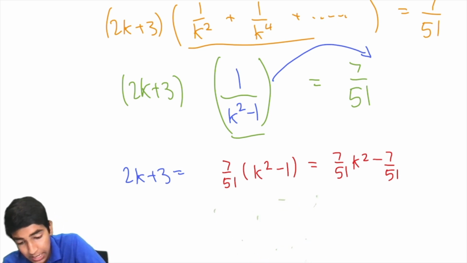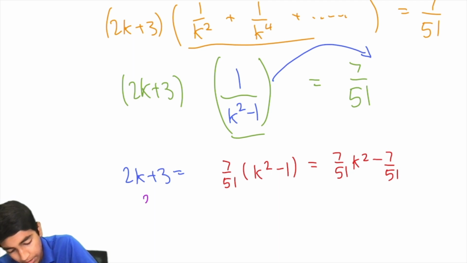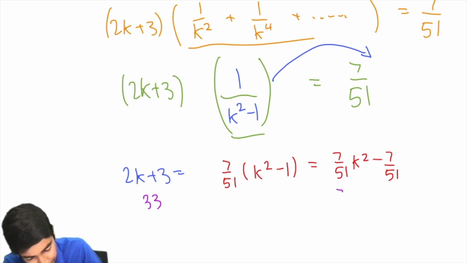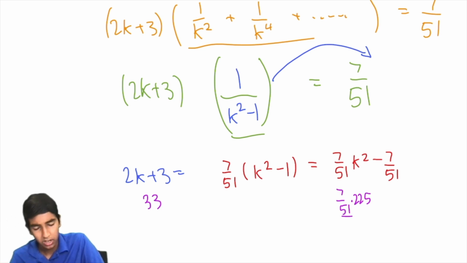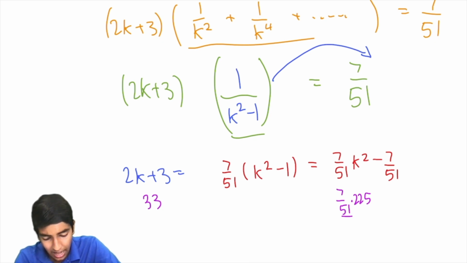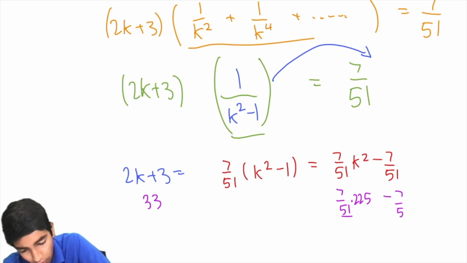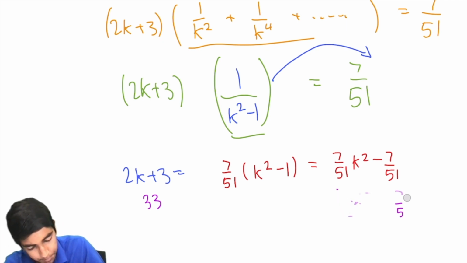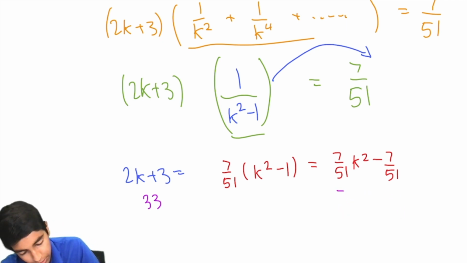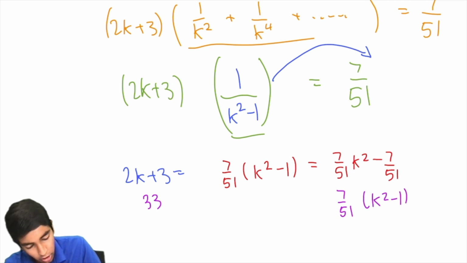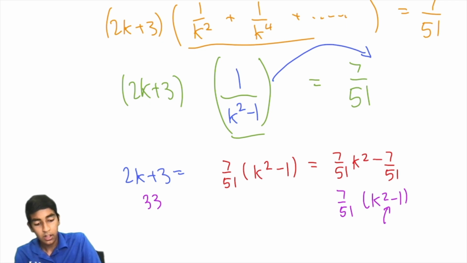Well, 15 would result in this side being 33, but then this side would be 7 over 51 times 224, since we factor out 7 over 51 times k squared minus 1, and 15 squared minus 1 is 224.